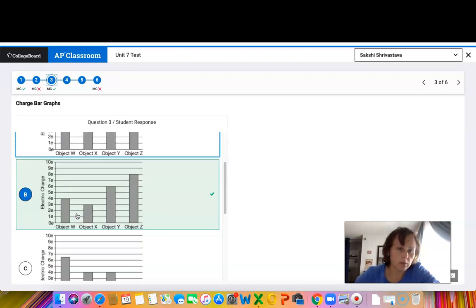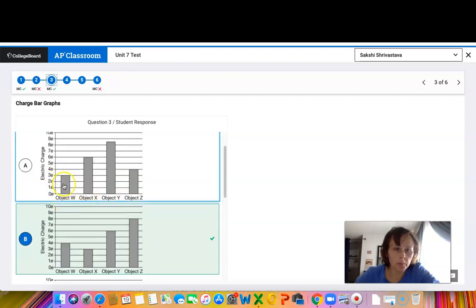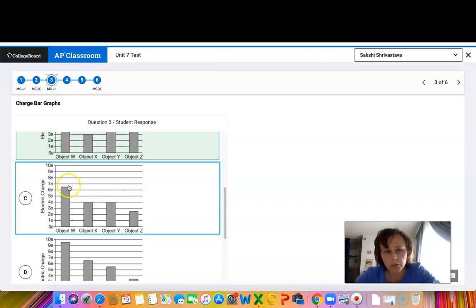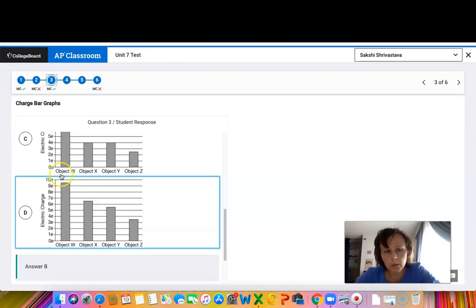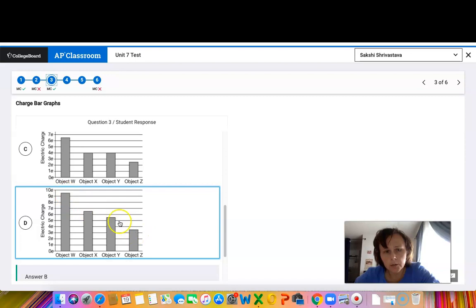So to find out the correct answer, you just have to look at the bar chart and see that each object has a whole number of electrons, a whole number of elementary charges. In this one, object Y doesn't have a whole number, it's between 8 and 9, so it's incorrect. Only B has a whole number of electron charges, and as you can see, all the others have incorrect charges.